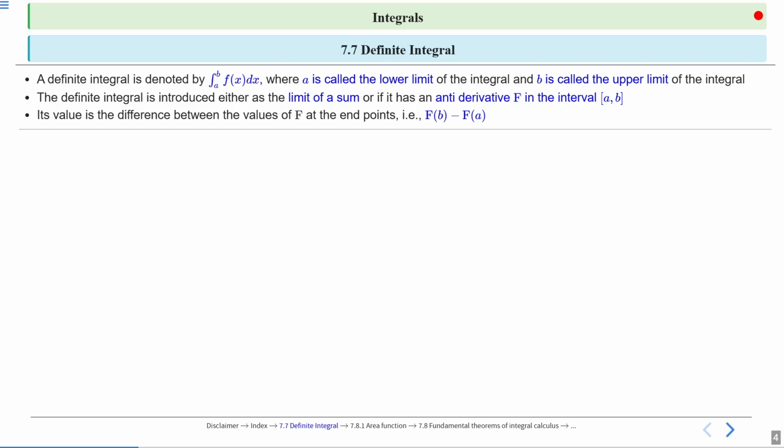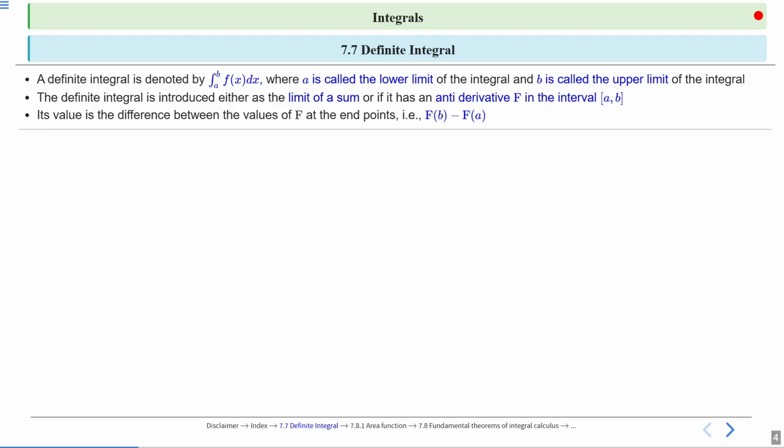But antiderivative is just that function. That means antiderivative of x, that is integral of x, is x square by 2. Then x square by 2 is antiderivative. So antiderivative is an indefinite integral, but indefinite integral is a collection of all antiderivatives.